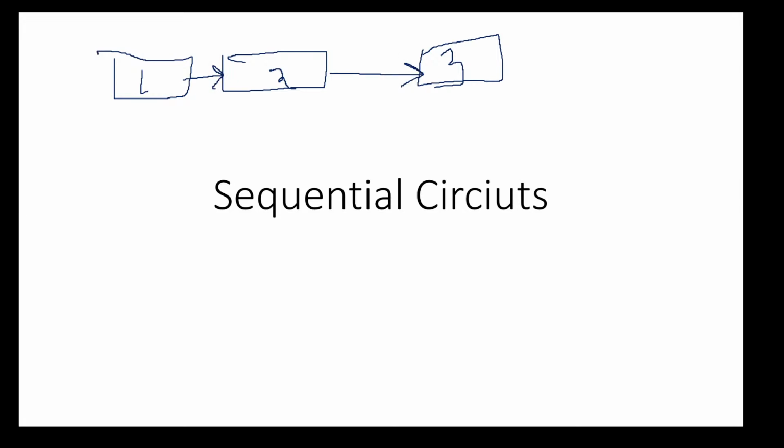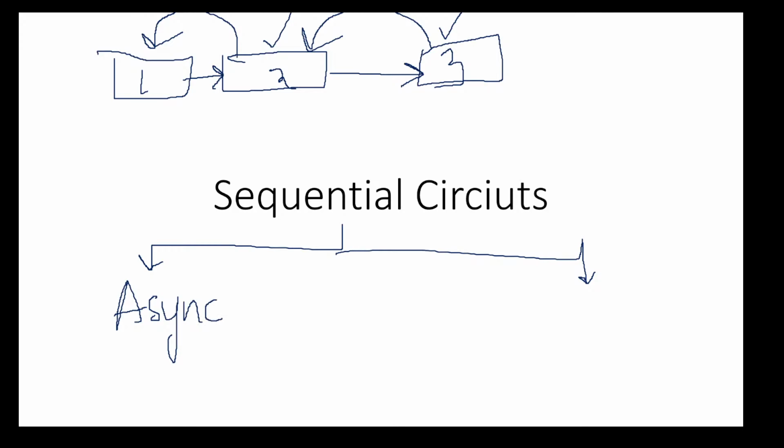That means the input to the present block is dependent upon the past block or the previous block. The input of the present block is dependent upon the output of the previous block, right? So in a sequential logic circuit, the output is dependent upon the present inputs as well as the past inputs and outputs, right? Past inputs and outputs.